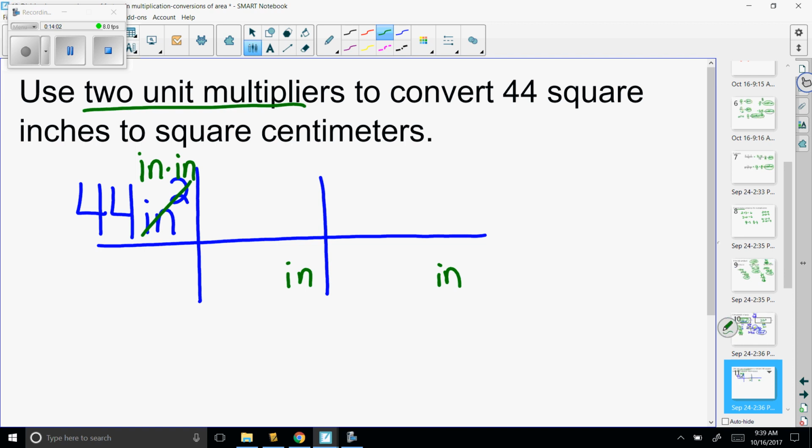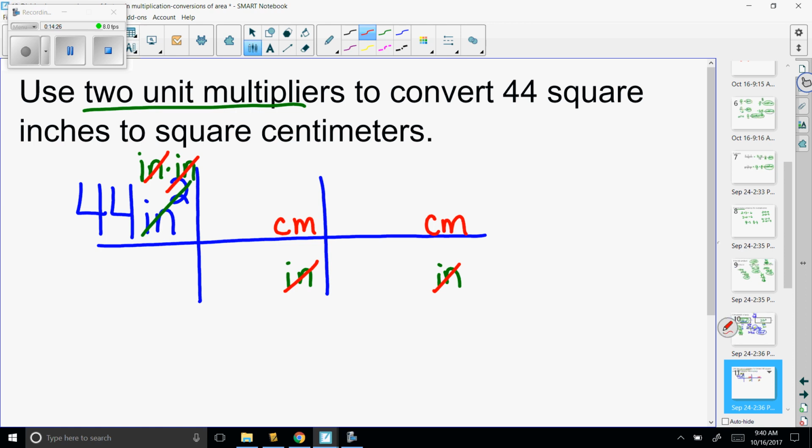What do I want to convert that into? I want to convert that into square centimeters. So if I perform it twice, the inches cancel once, cancel twice, and what units do I have left in my setup? Centimeters squared, centimeters times centimeters.